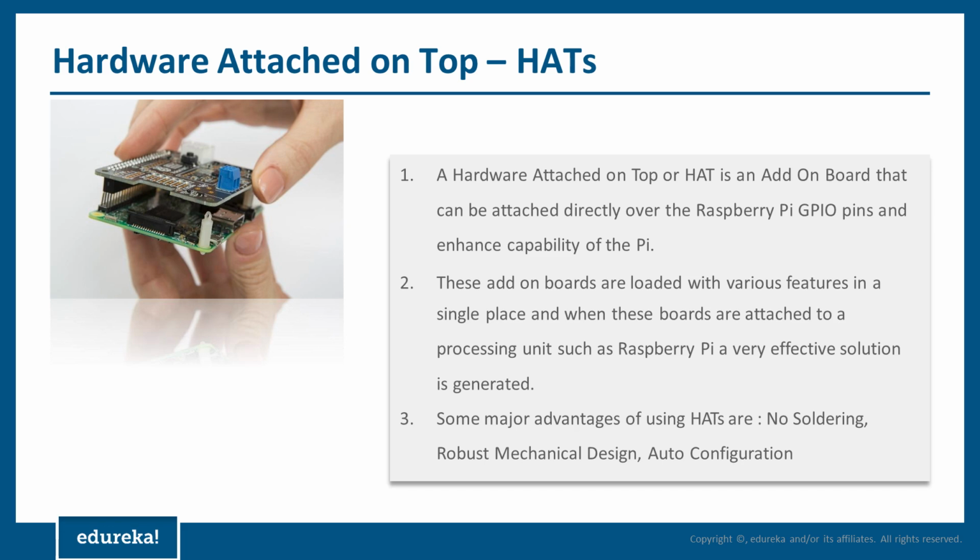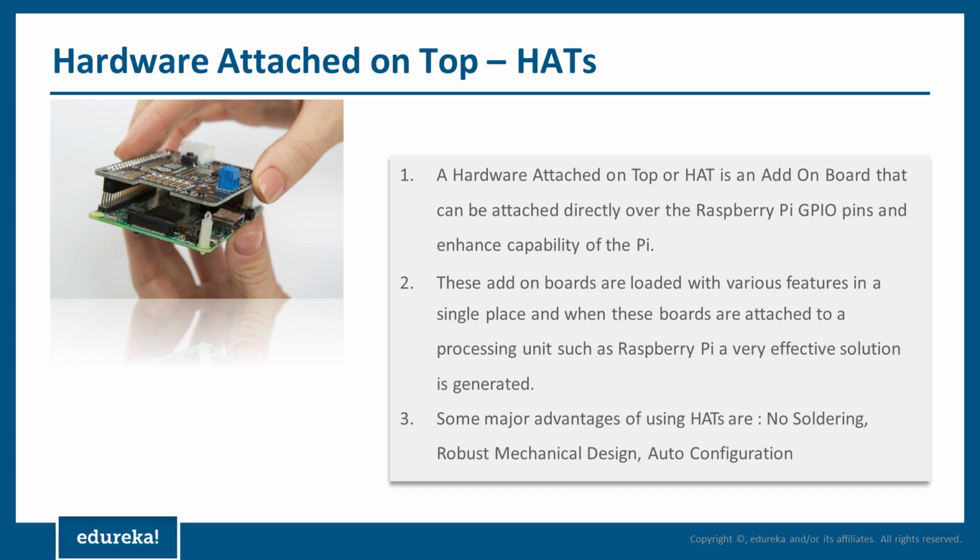The GPIO pins are there, and the HAT has a plug which fits into the GPIO pins of the Raspberry Pi. That's why they're called HATs, connecting through the GPIO pins. And they are add-on boards. Different boards provide different features. Correct? And some major advantages of HATs are no soldering, robust mechanical design, auto configuration.